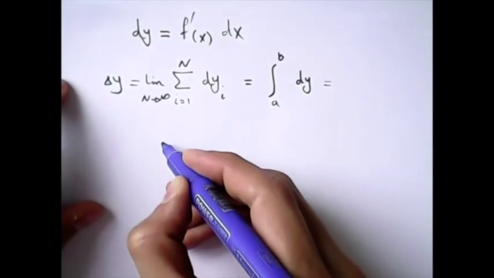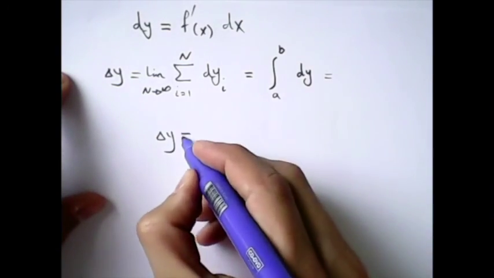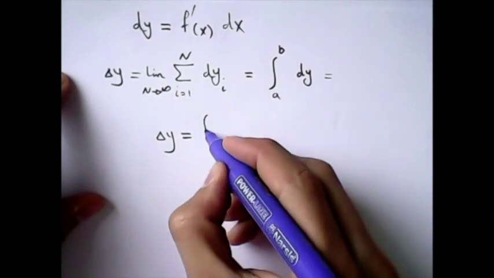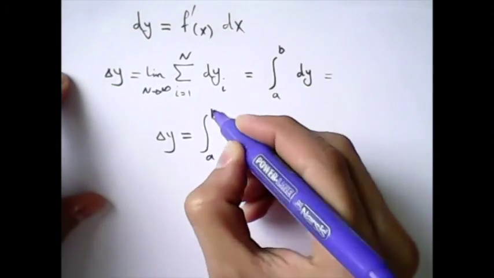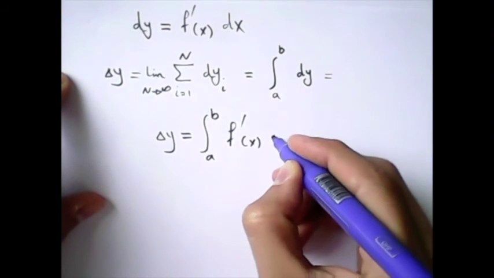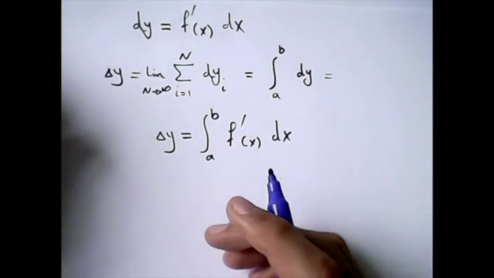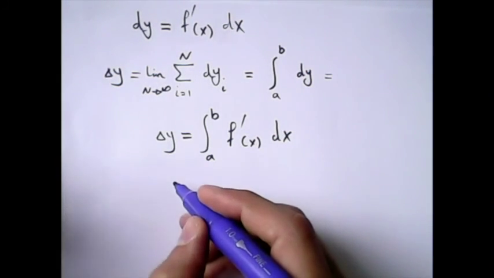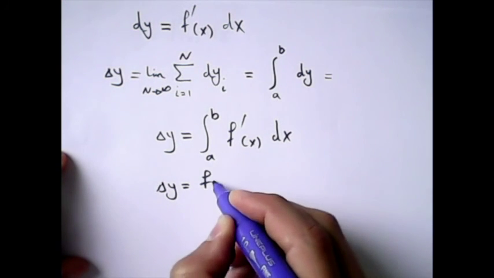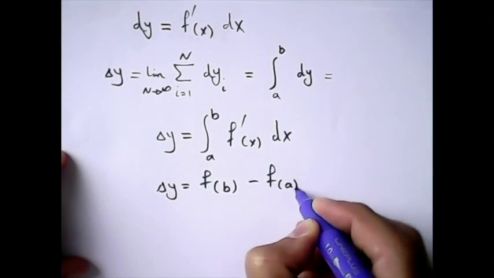So we'll write everything down here. Our delta y from up here is equal to, I'm going to put dy into here, the integral from a to b of f prime of x dx. We also previously found that if we have the function f, our delta y was equal to f of b minus f of a.